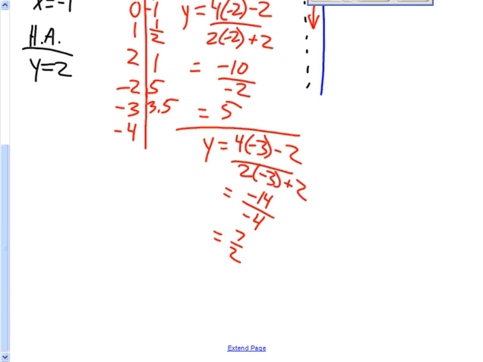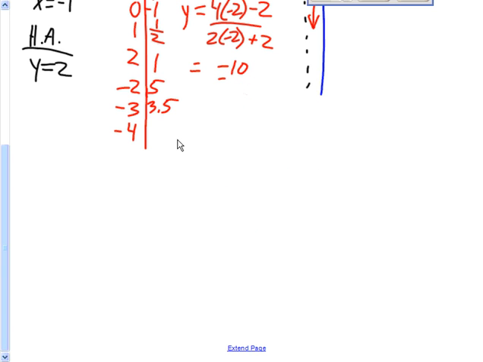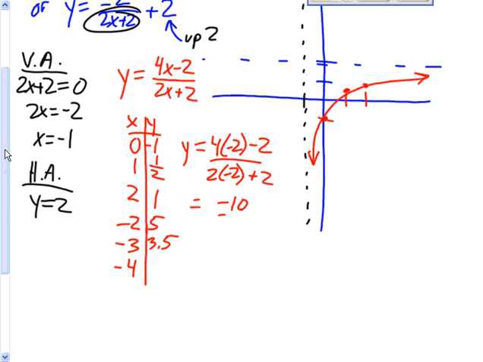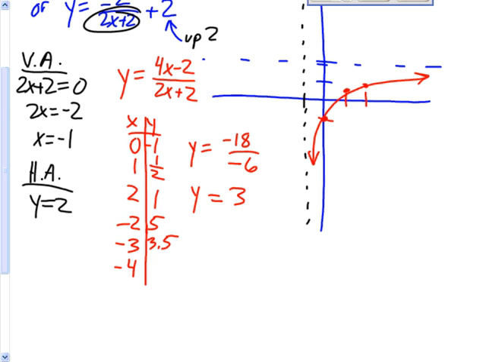Okay, let's do the negative 4 now. So plug in negative 4, I got negative 16 on the top, minus 2, negative 18. Plug in the negative 4 on the bottom, I got negative 8 plus 2, negative 6, so I got 3.